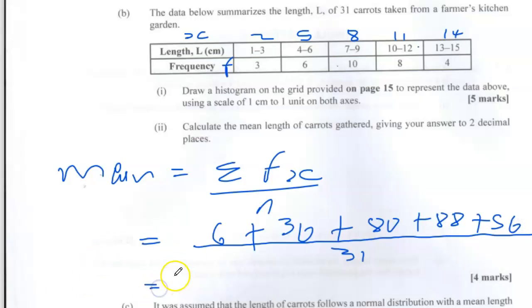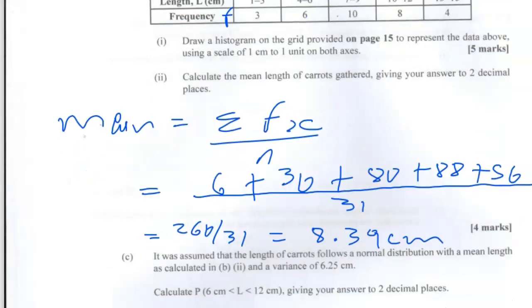And I think these numbers add up to 260 and divide by 31, and I'm getting 8.39. And the unit is centimeters. So 8.39 centimeters. Let's continue.